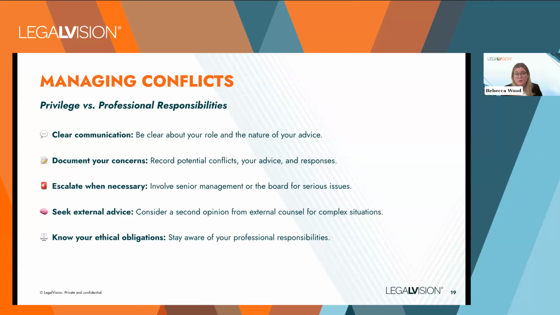It's important that you, in your role, have properly advised the organisation on the risks if you think that they're trying to take steps that put the organisation at risk. Seek external legal advice. So in complex situations, consider getting a second opinion from external counsel. And finally, just know your ethical obligations and have a plan in place for what you would do if you're faced with a complex ethical challenge.